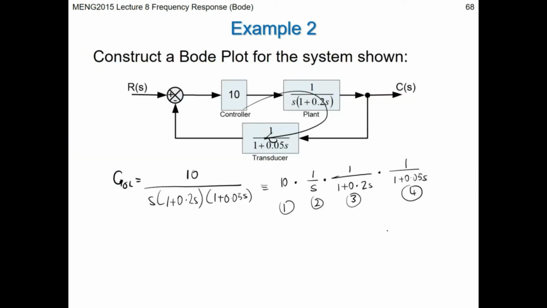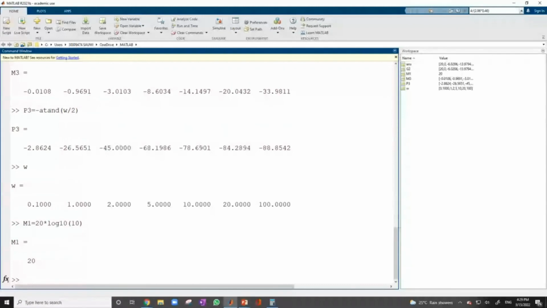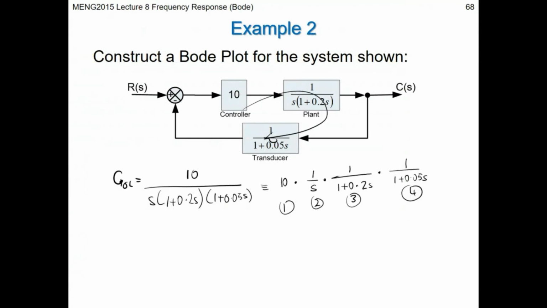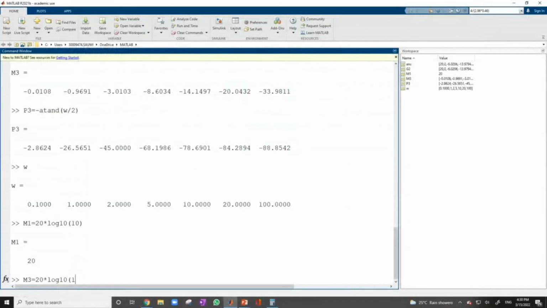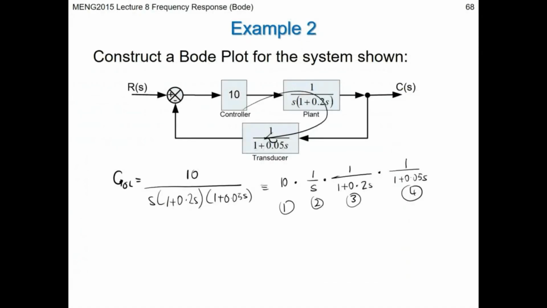So that's that one. This one, well, we can calculate or get our magnitude plot for this. You're going to go to MATLAB. M3 equals 20 times log 10, and our numerator is just 1, and our denominator is going to be 1 squared plus 0.2 omega, right?